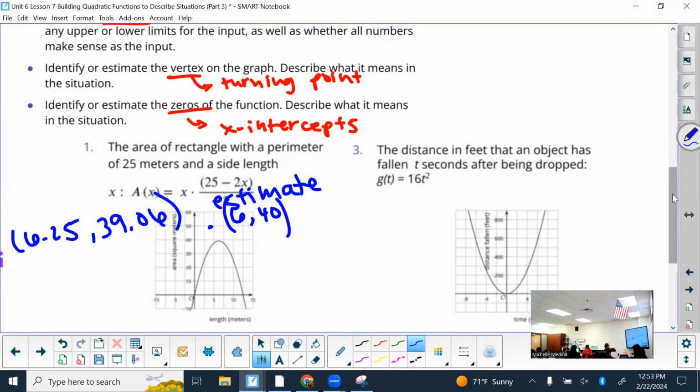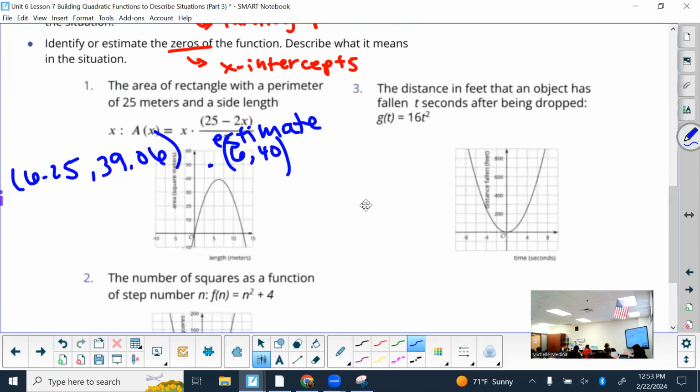Sorry, it's kind of blurry. Okay, definitely looks like it's going through the origin.